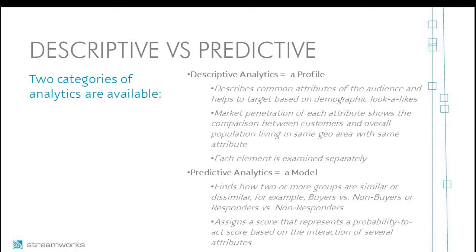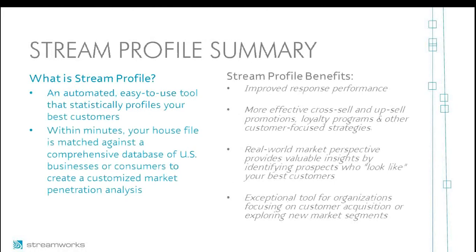So you can actually apply that intelligence to prospect data, those you're going to send a marketing piece to. And we can tell you that certain consumers or businesses are going to be more likely to respond or do what your call to action is based on looking at all that previous data. So without getting into a lot of the statistics behind it, that's the bulk of it. Predictive is going to give you a prediction of future behavior. Descriptive is going to give you more of a look-alike.